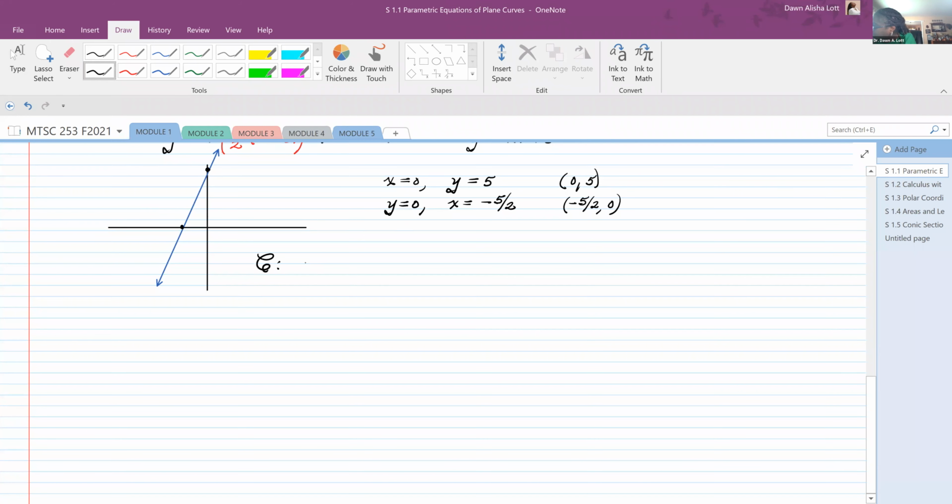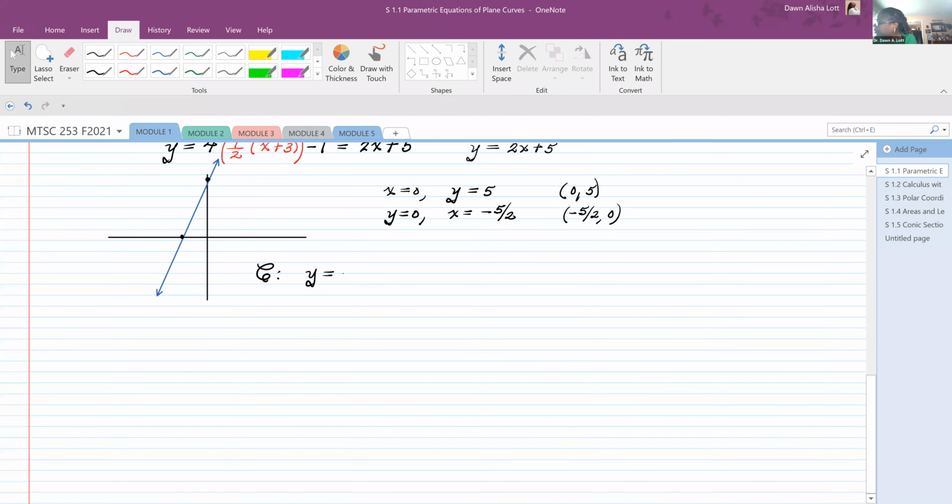We have y is equal to 2x plus 5, and clearly minus infinity is less than x is less than infinity.